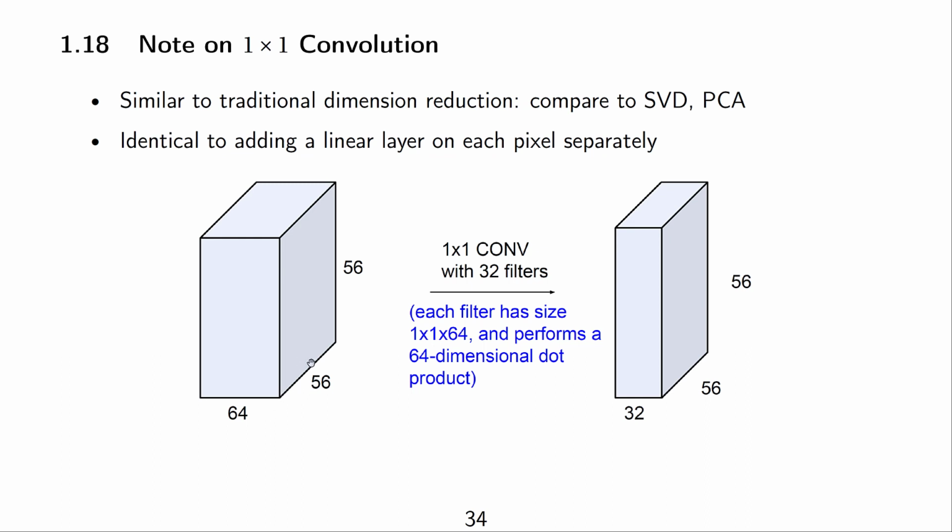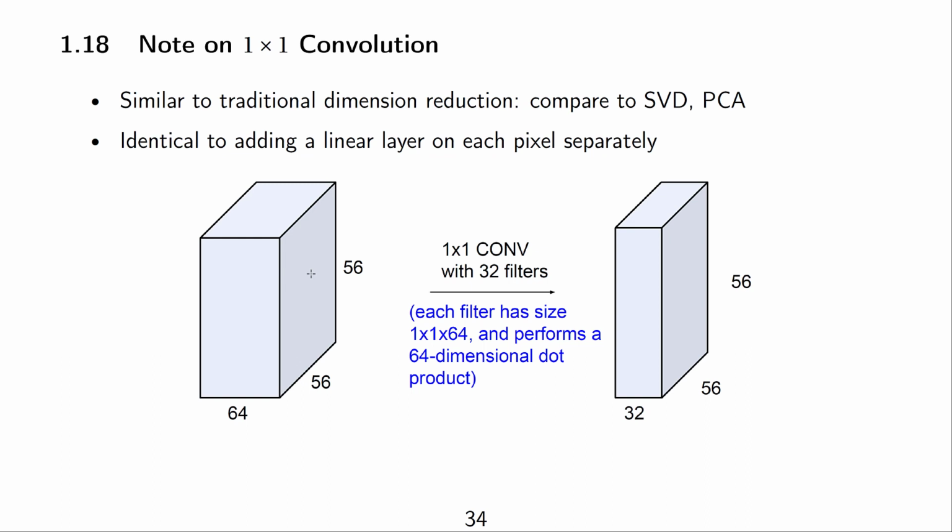A 1-by-1 convolution would take one pixel here, and it would extract all the values across the depth. It would extract 64 values for this pixel, and then it would perform convolution with a 1-by-1 by 64 filter.